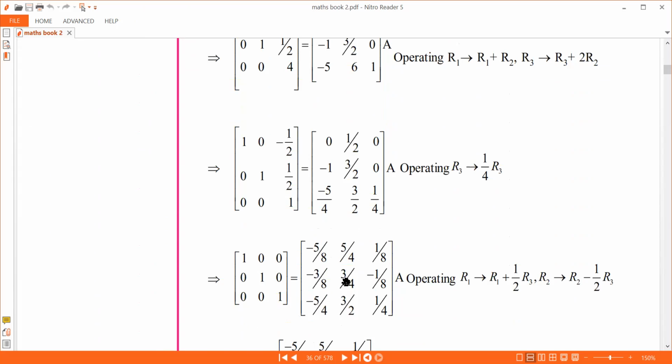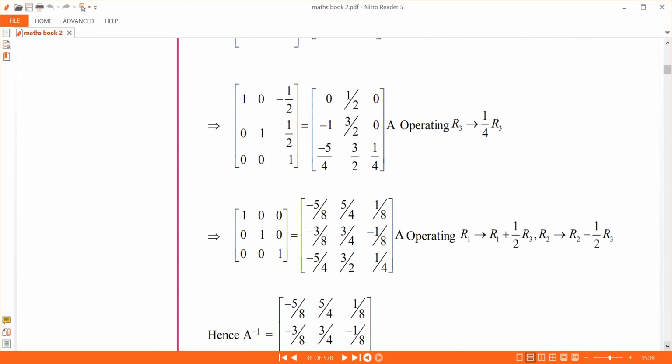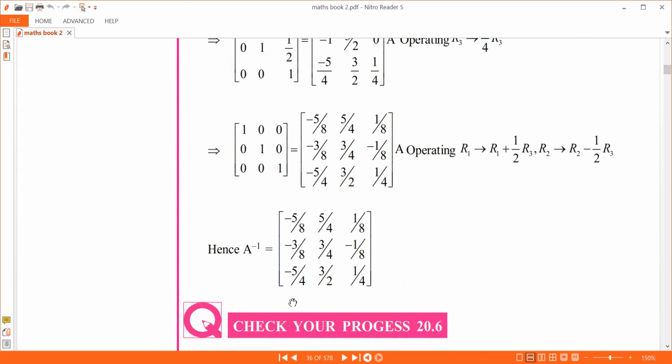We got it clearly. That's the required matrix, so this is A inverse. See, minus 5 by 8, 5 by 4 is 10 by 8, 1 by 8, we got everything right. No issues. Later when you cancel the numbers, you will get it. Not an issue. Clear?